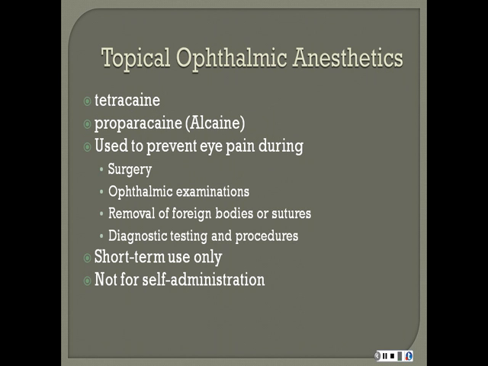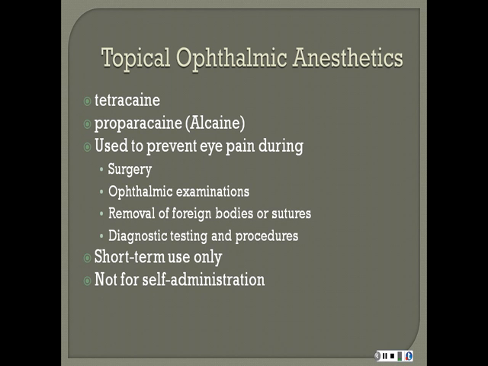For ophthalmic anesthetics, the two pretty common ophthalmic anesthetics currently on the market are the proparacaine or Alcaine, which I see very, very often, and then the tetracaine. These are used to prevent eye pain during surgery, during different types of examinations, and removal of foreign bodies or structures.